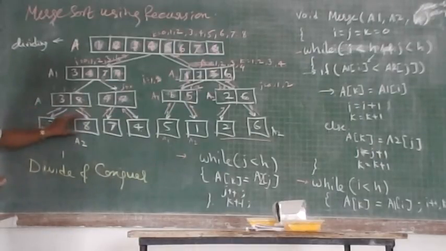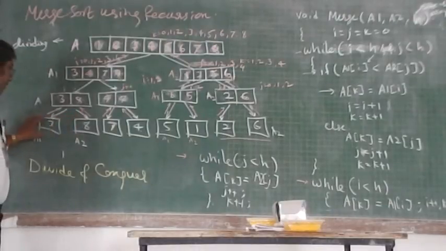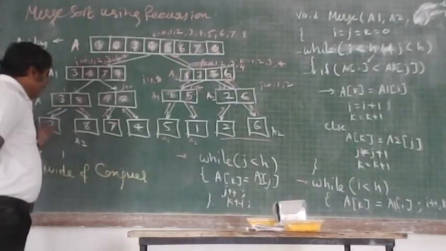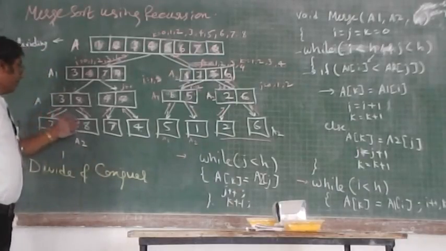So I came to this position where I further cannot divide the problem into sub problems. That is the point I should stop dividing the problem and go for solving them. Here 3 and 8 merge.